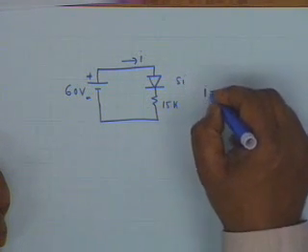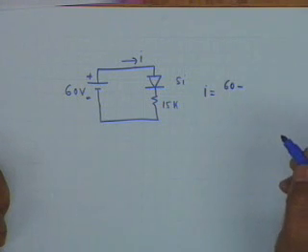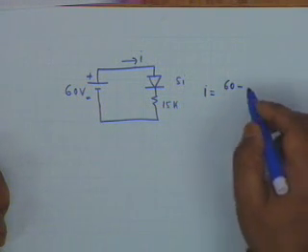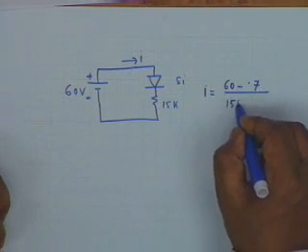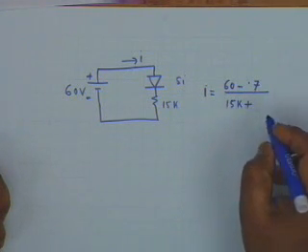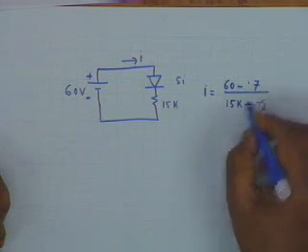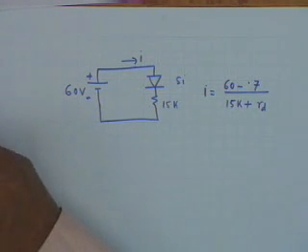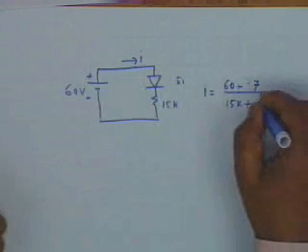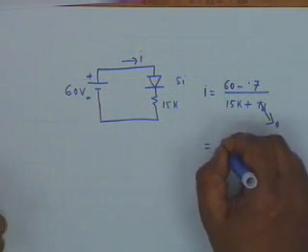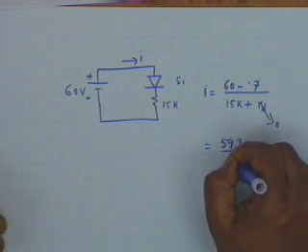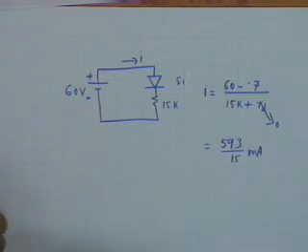Obviously the current in this circuit shall be 60 minus V threshold, that is 0.7, divided by 15K plus RD. Usually RD is of the order of a few tenths of ohms, and therefore this can be ignored, and the current becomes 59.3 divided by 15 milliampere.